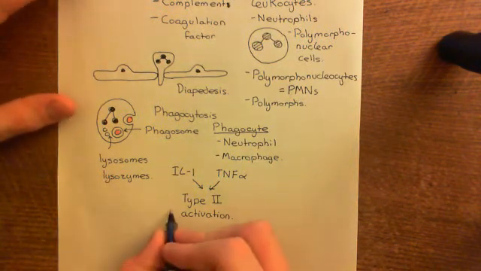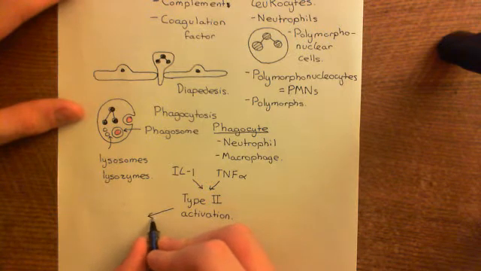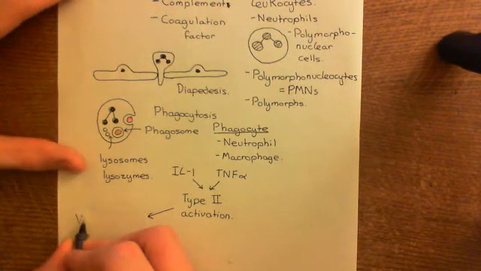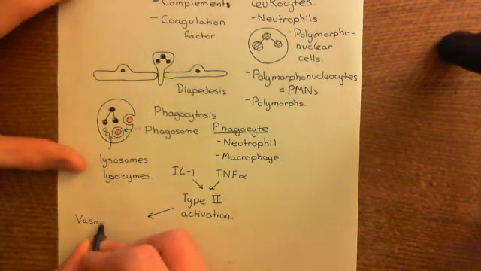So again, you release vasorelaxant molecules. So type 2 activation is going to increase the amount of vasorelaxant molecules you're producing hugely. Okay, so it's going to cause vasodilatation of the arterioles, basically.